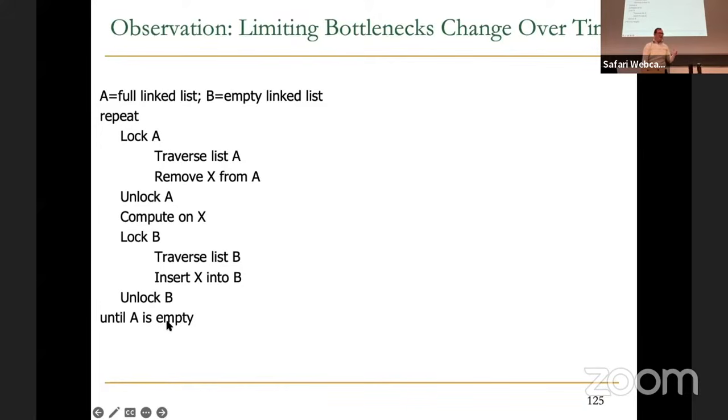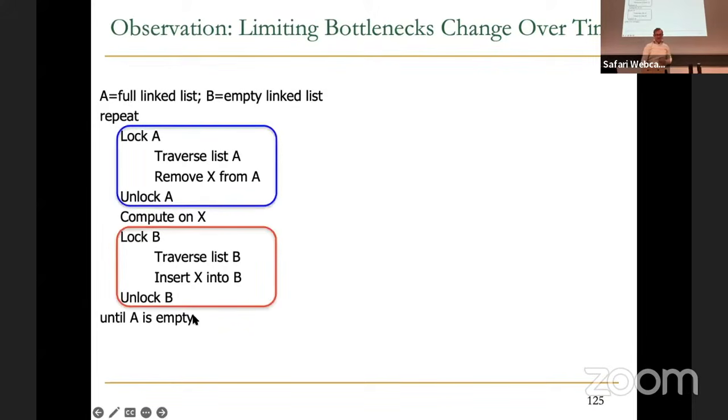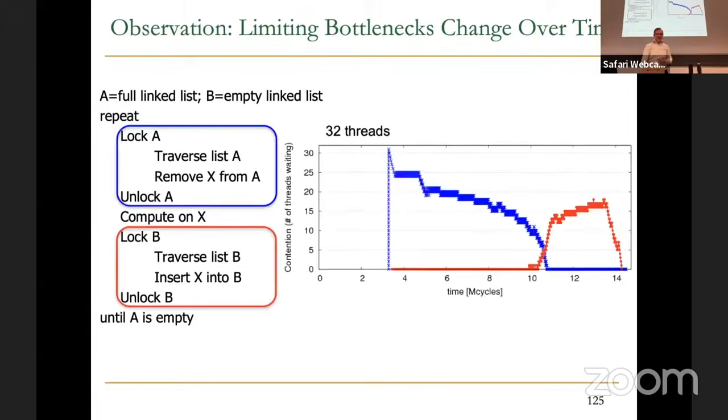So you can see that this is kind of a cooked up example, but it's a nice example also. And all of the threads are going to do this. And these are different critical sections, clearly.